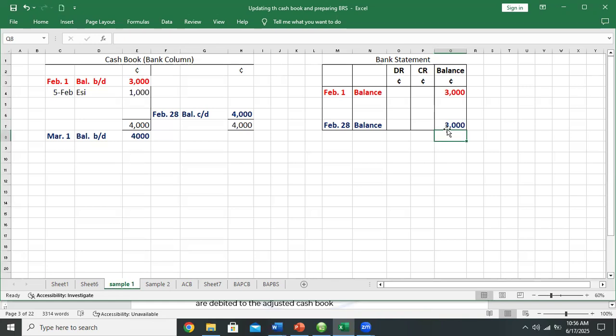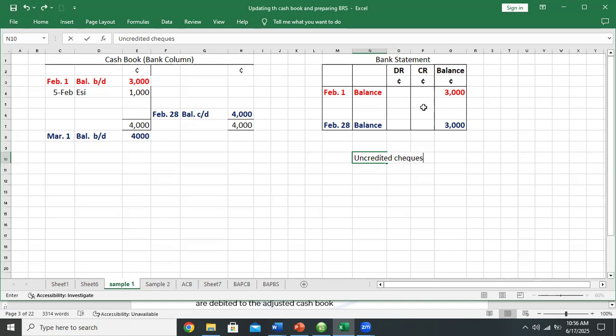But our cash book will be saying 4,000, because we already had 3,000 balance. We have received a check, so 4,000. So that is causing the difference between these two balances. And as I mentioned, that is the uncredited checks. So checks that we have received and debited, but the bank has not credited.